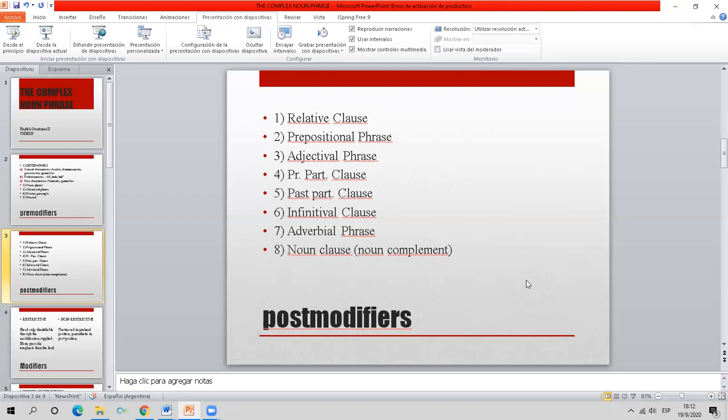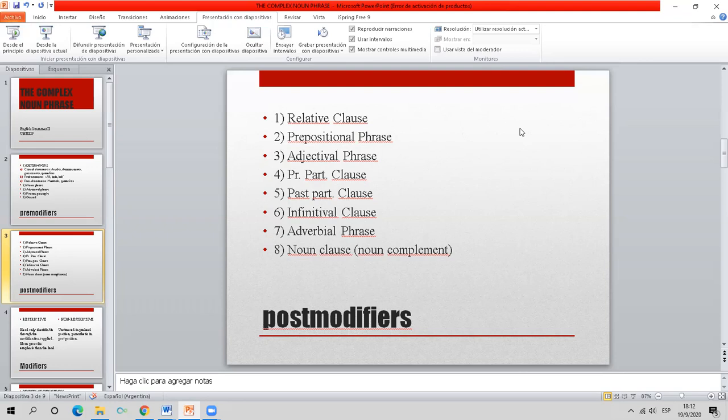Okay, let's think of some examples. A relative clause. You could talk about the book which I bought was quite expensive. It could be a prepositional phrase like the book on the desk is not mine.